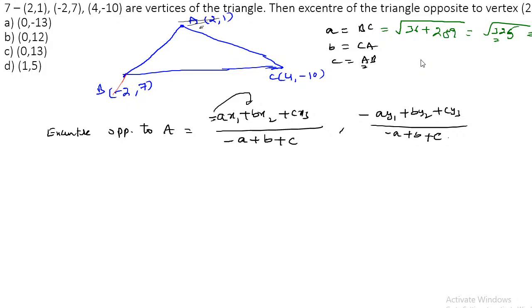So this is 18, and CA. What is CA? C is 4. 4 minus 2 is 2 whole square, 4, plus minus 10 minus 11, 11 is 121. This is equal to root 125.